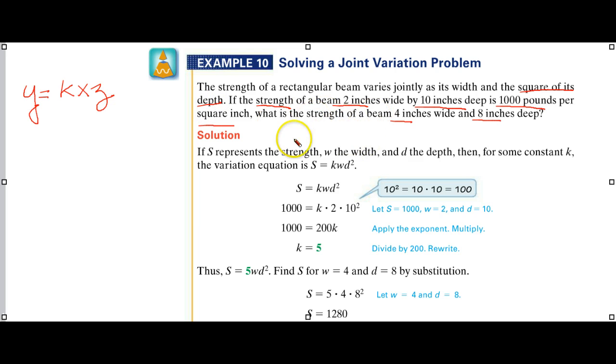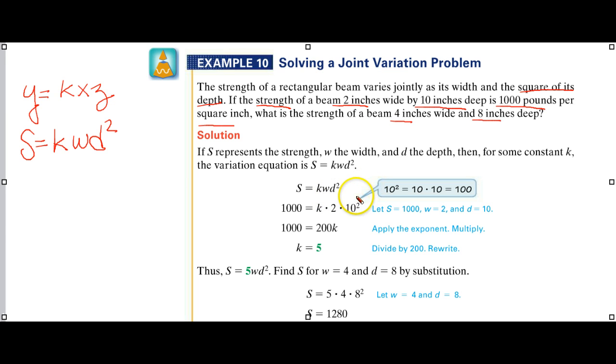So again, we're going to replace letters. We'll use the Y, we're going to use capital letter S. We don't know what K is. And then the X will be the W. And then the Z we're going to replace with the depth that we're going to square. So there's our basic formula.